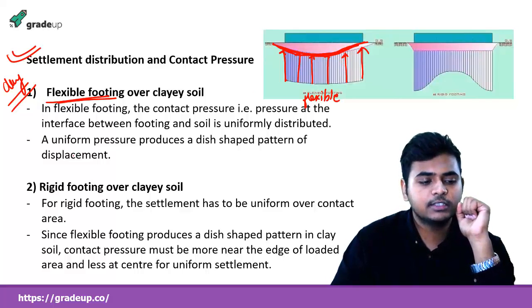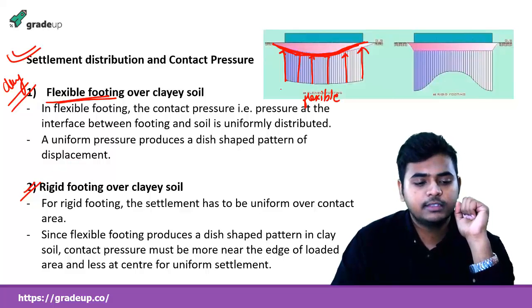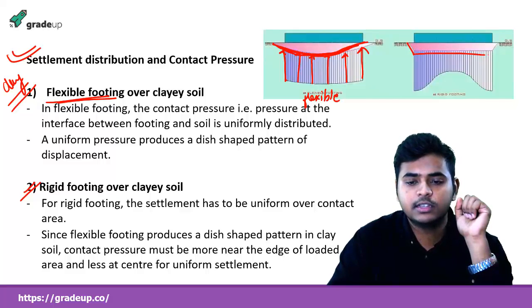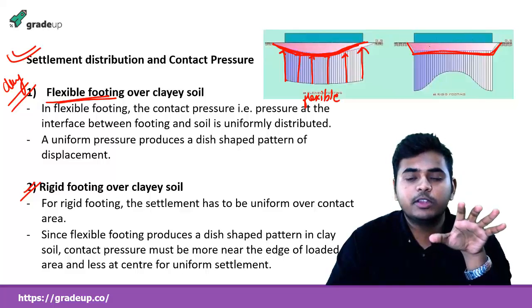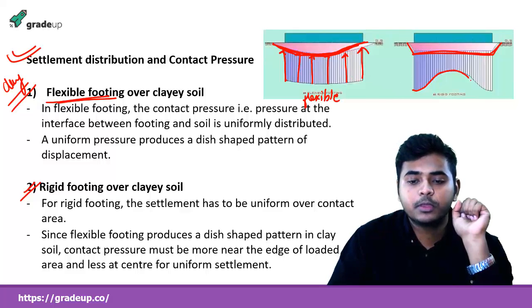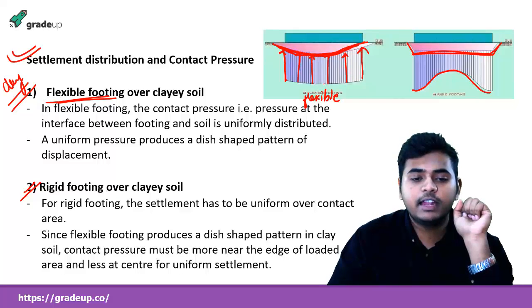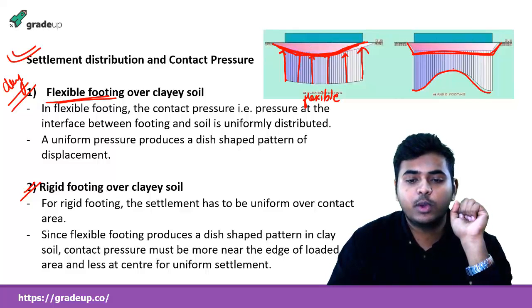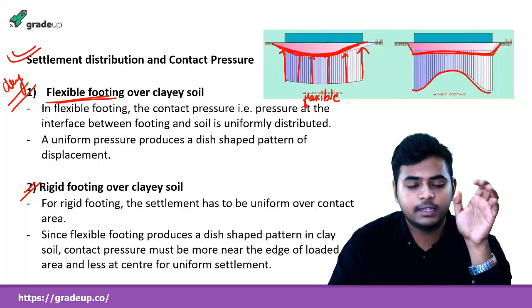Now let's take the case of rigid footing. What happens in rigid footing? In rigid footing, settlement has to be uniform. Here the settlement was dish shaped, but as it is a rigid footing, the settlement has to be uniform. Now if the settlement has to be uniform, then there has to be a change in the contact pressure. Contact pressure will be like this. Why? Because at the middle we had a dish shape, so more settlement was here, so naturally we will require less contact pressure to balance.